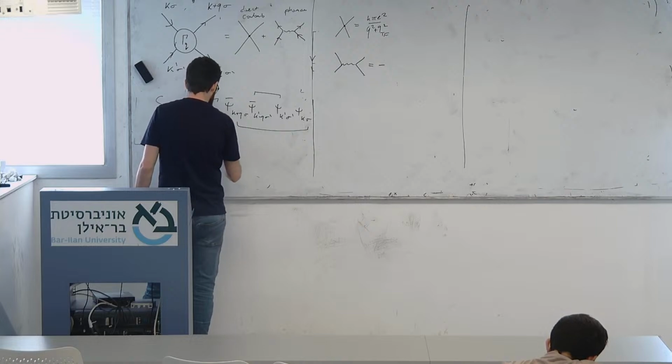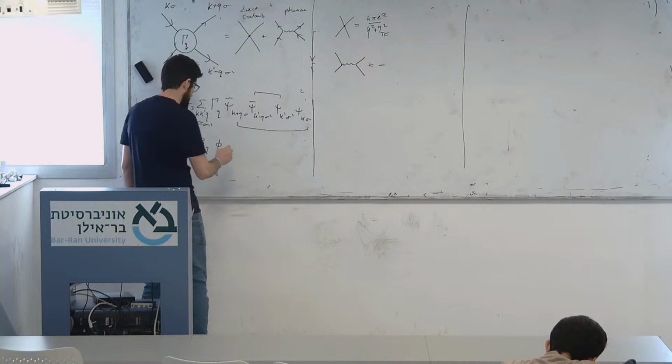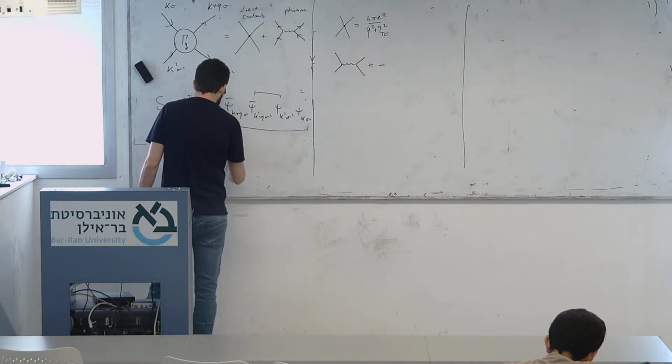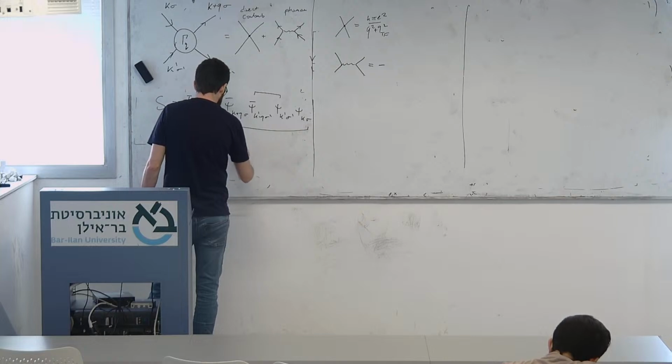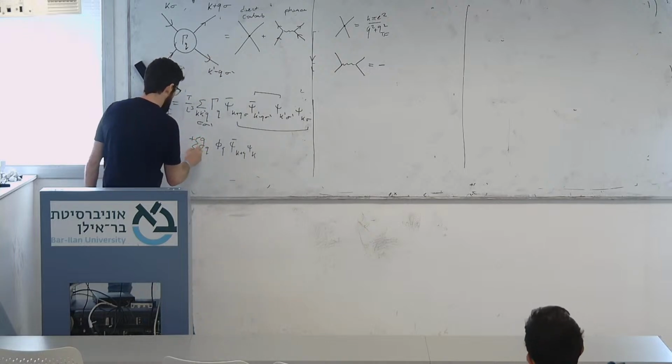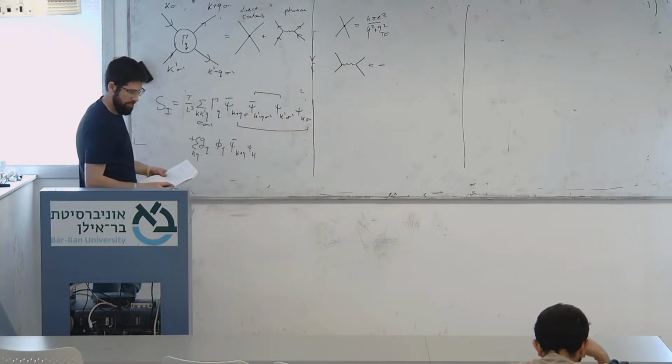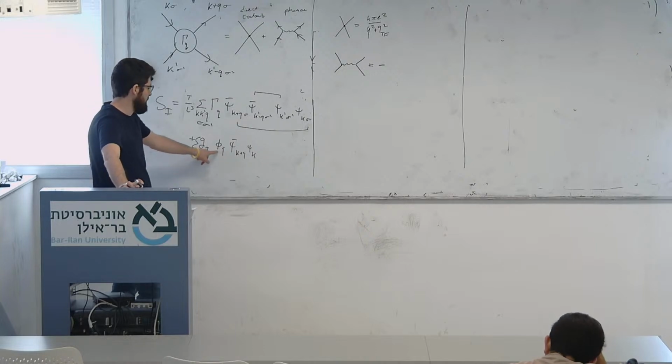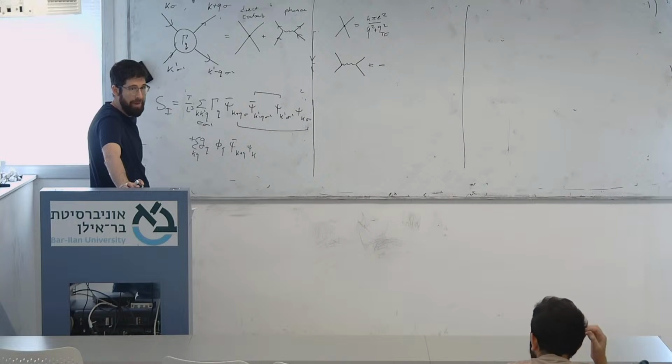phi, some phonon degree of freedom of Q, psi bar of K plus Q, psi of K. And here you're going to have a sum over K and Q. And this is some general phonon mode. To be honest, you should be complaining now. Why? What kind of phonon is that? What is phi?